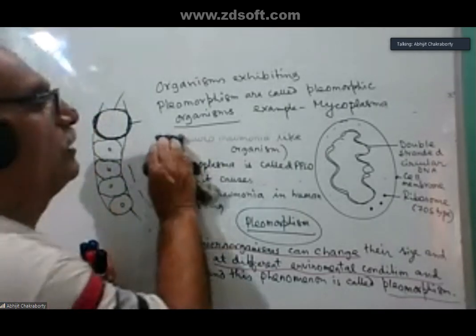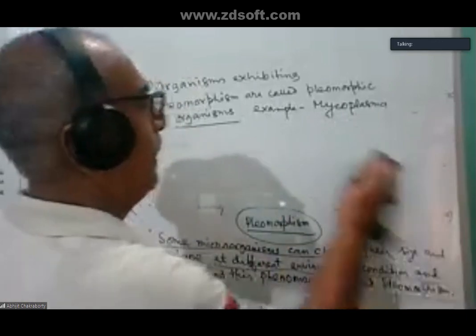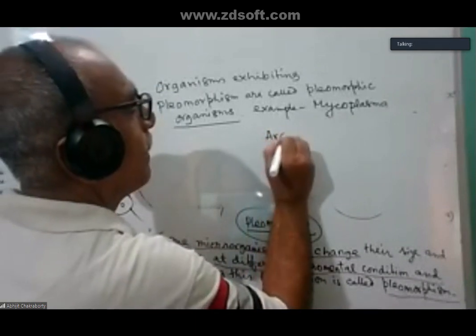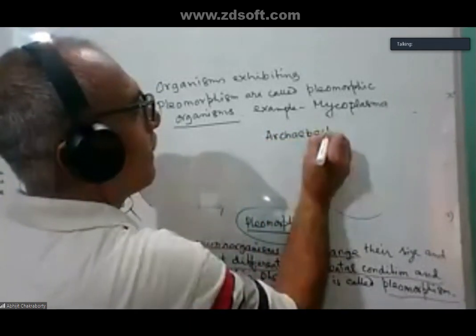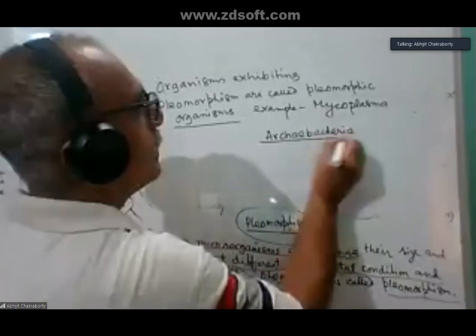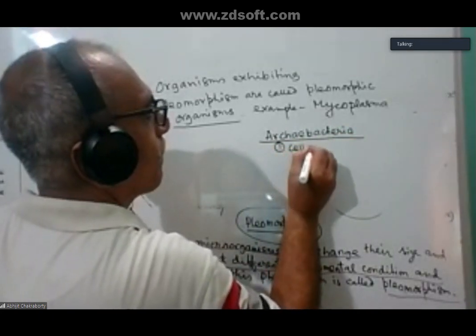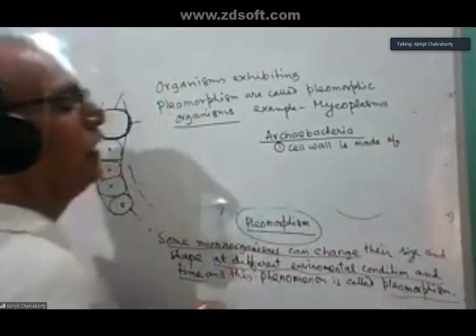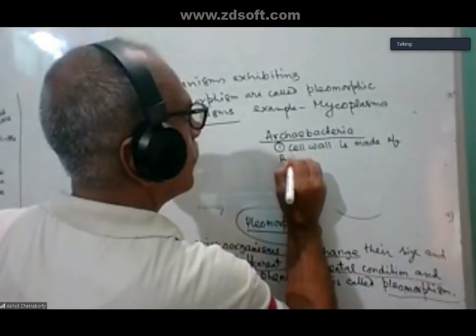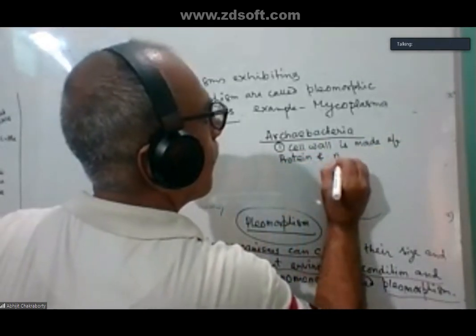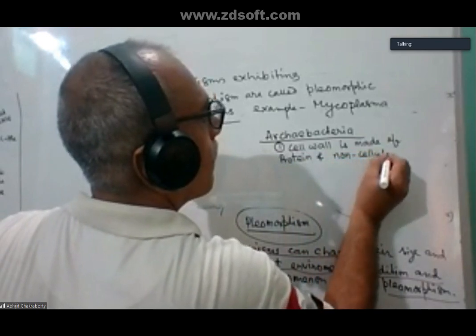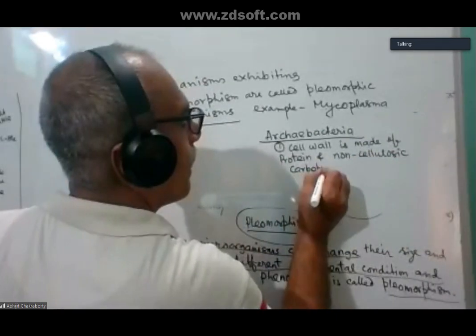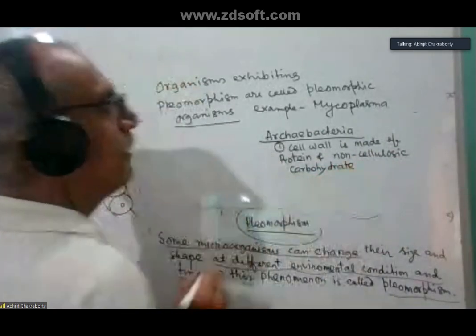Then we proceed towards the Archaebacteria. Basic characteristics: cell wall is made of non-cellulosic carbohydrates.